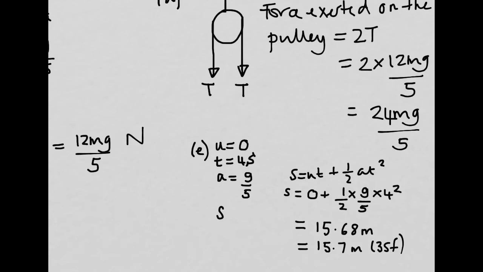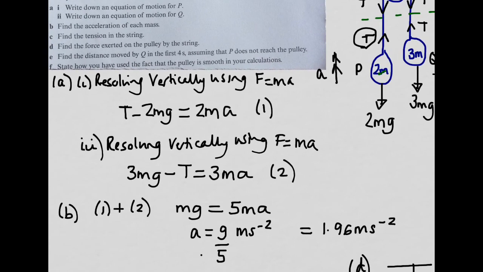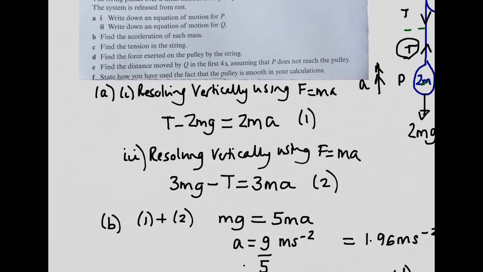So coming to the last stage of this question, F, we just need to scroll back up and remind ourselves what it's asking. So state how you've used the fact the pulley is smooth in your calculations. Well, it's really important that the pulley is smooth, as I said before, or it does make modelling so much more difficult.